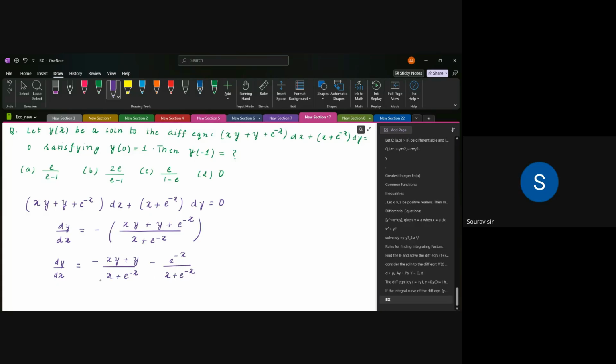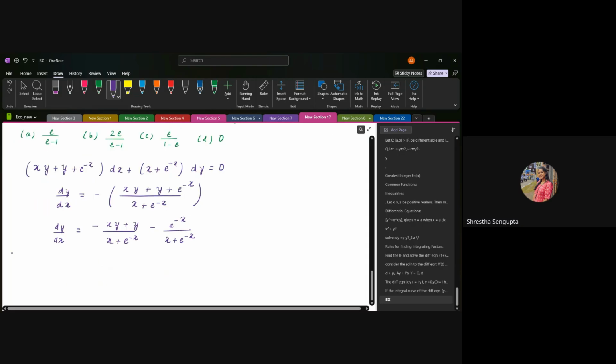Then taking y common from the numerator, we can take that part to the left hand side.